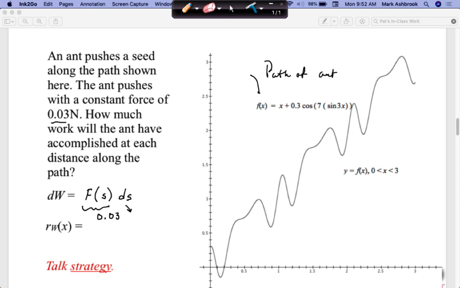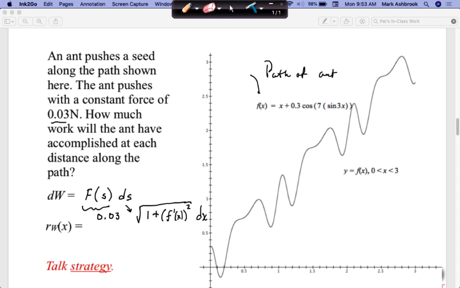Square root of 1 plus the derivative of f of x squared, times dx. Remember that? We've done that. That's what a little bit of arc length is. We use the Pythagorean theorem to make that transformation, since ds has to do with the hypotenuse of the little triangles, right? And so this transformation gives it to us in terms of the horizontal variable.